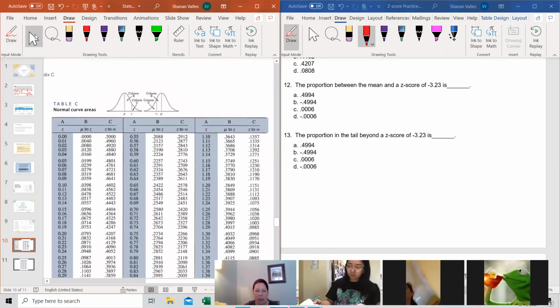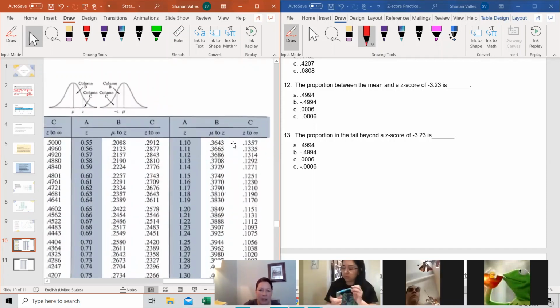Maybe the proportion part is kind of hard to think about. So if you look at any of these numbers in here, just put them into percentages, right? Just move that little decimal over. So we could think of this one as 36%, and this one's like 13%.